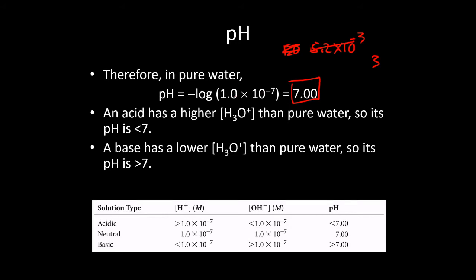So it would actually work if we had 1 times 10 to the negative 2, that would be just a pH of 2. If the first number here is just 1, nothing else, just 1, then we can just take that exponent, as long as it is negative, and put it as the pH.